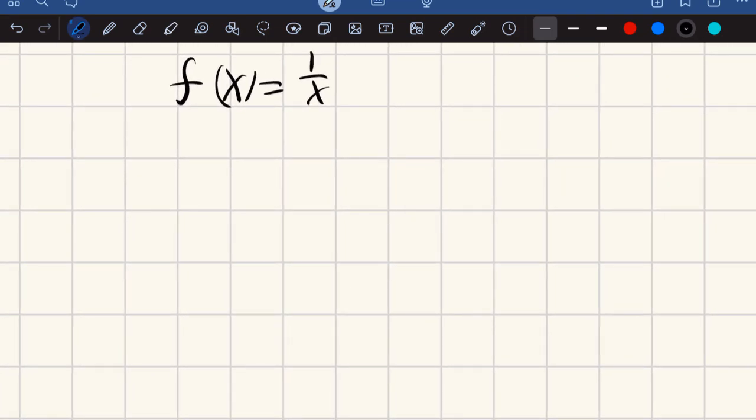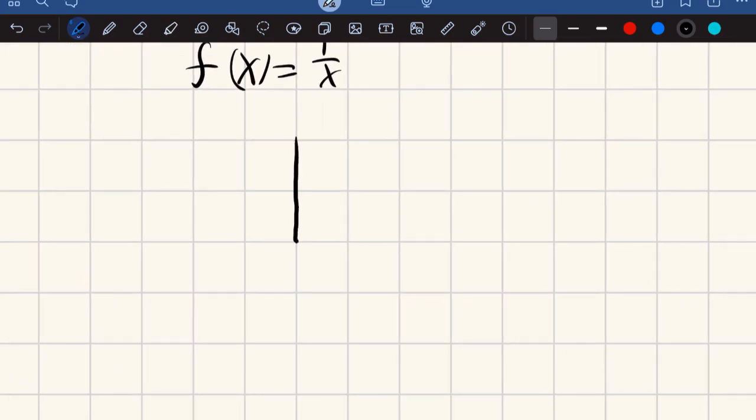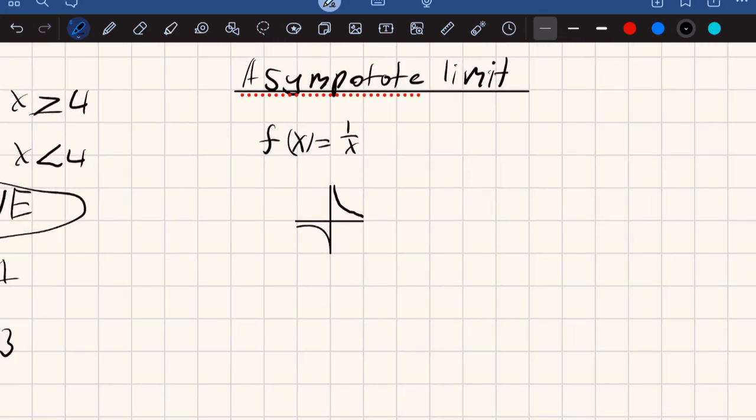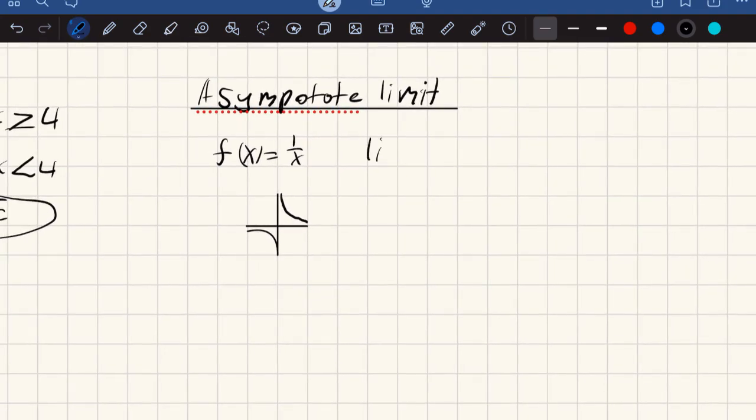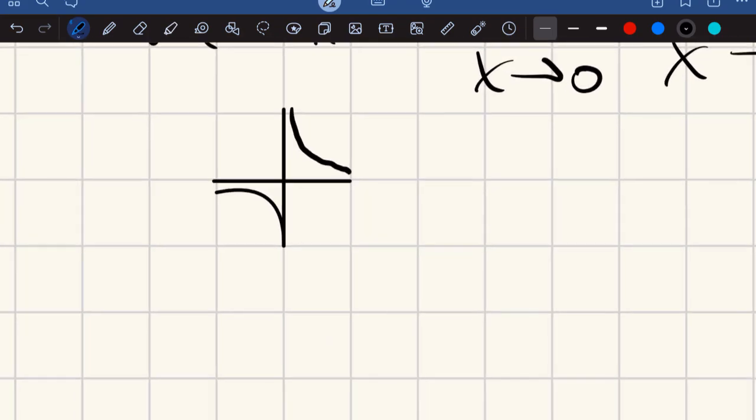It's just helpful to know that. So we should know that this function looks like that. It's tiny because I don't want to draw a big version. But if we were trying to take the limit as x approaches 0 of 1 over x, what would it be?